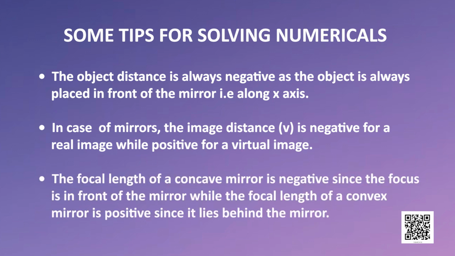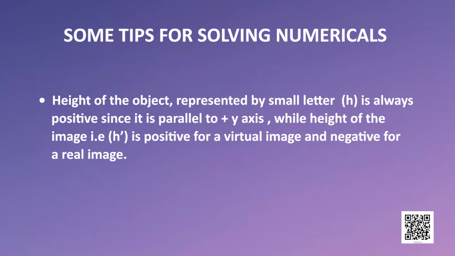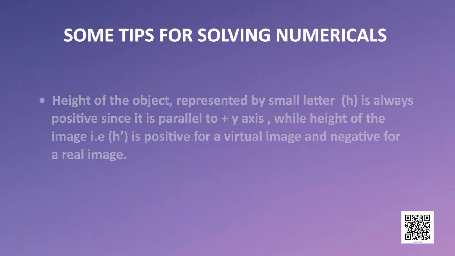The focal length of a concave mirror is negative since the focus is in front of the mirror, while the focal length of a convex mirror is positive since it lies behind the mirror. Height of the object represented by small letter h is always positive since it is parallel to positive y-axis, while height of the image, that is h dash, is positive for a virtual image and negative for a real image.